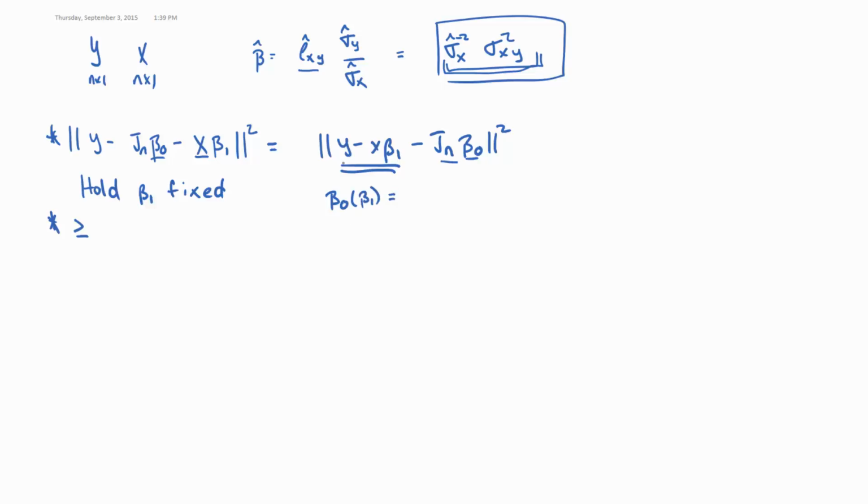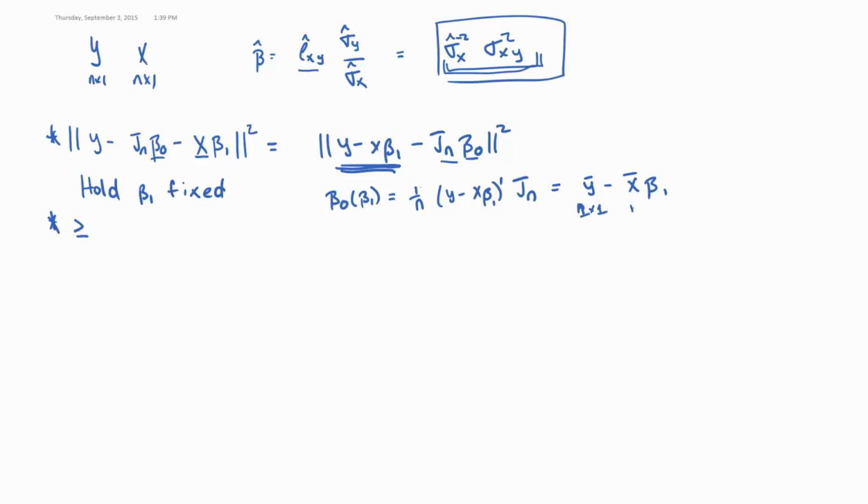That has to just be the mean of this vector right there. We learned that in one of the earlier lectures. So the mean of that vector is 1 over n times y minus x beta 1 transpose times jn, which works out to be y bar minus x bar transpose beta 1. Let's remind ourselves: y bar is a 1 by 1 scalar.